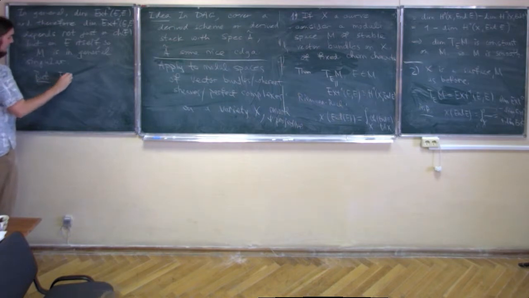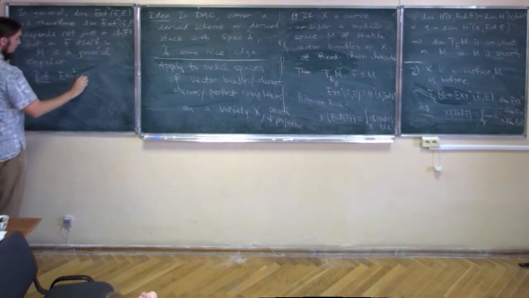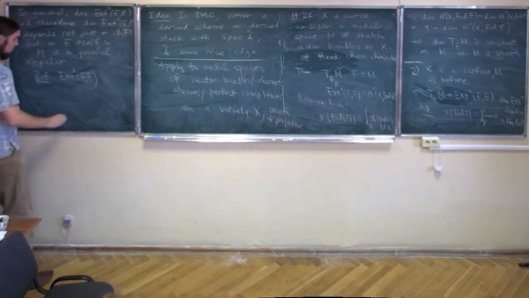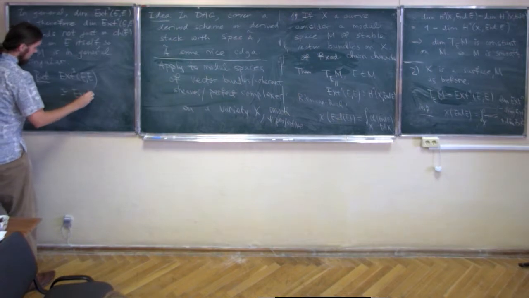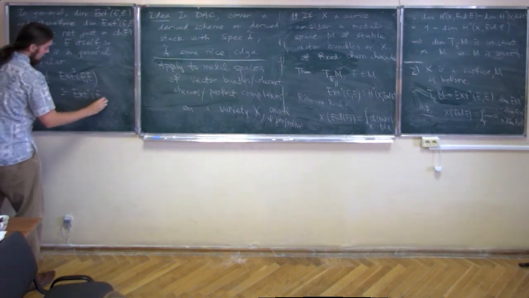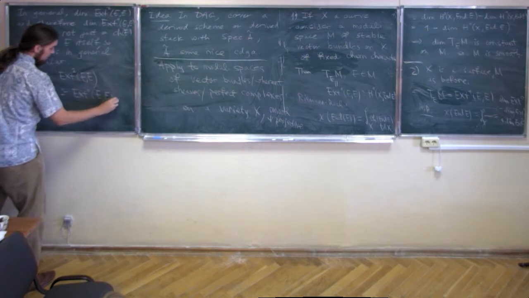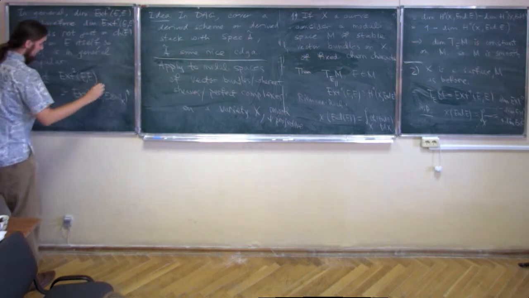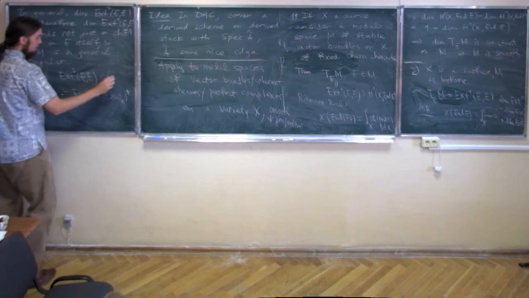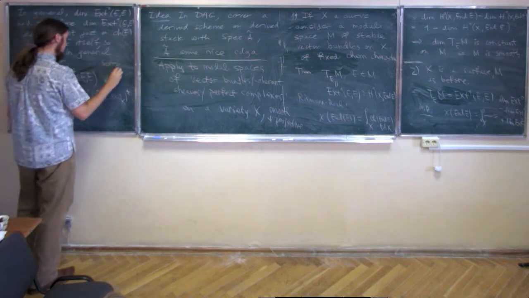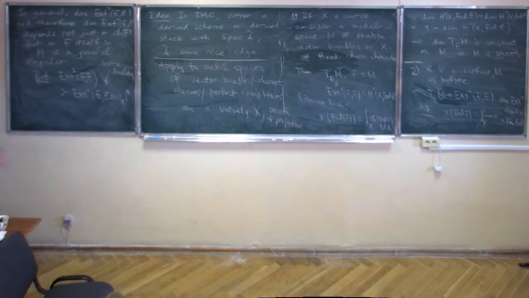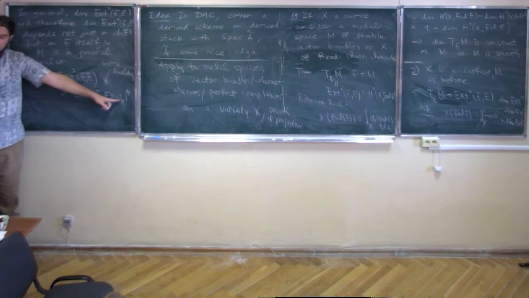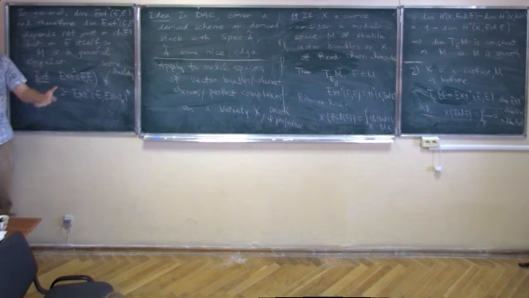So Serre duality relates Ext2 to Ext0, this Hom from E to the twist of E by the canonical bundle. This is Serre duality. And if the canonical bundle happens to be trivial, then we do know the dimension, because we know the dimension of Ext0 if E is stable.